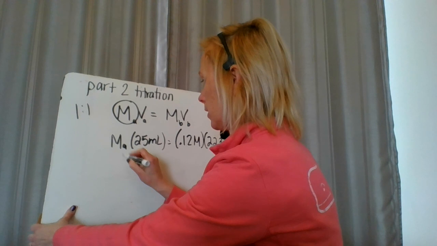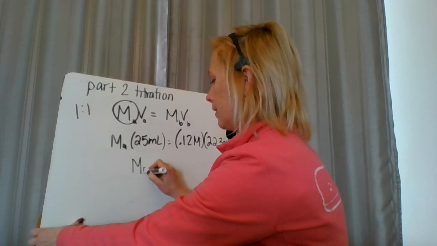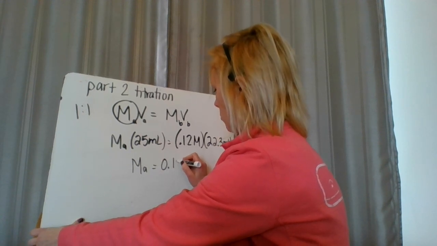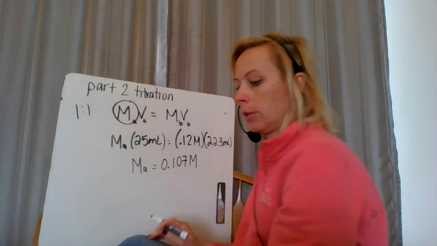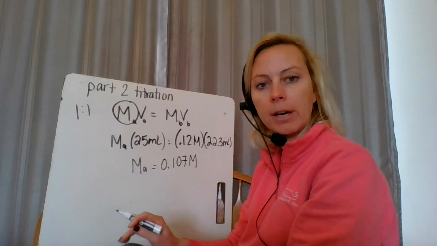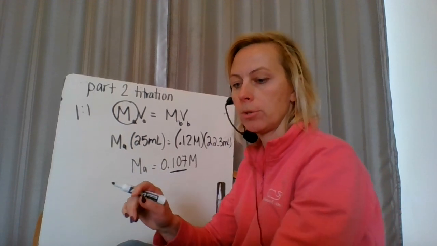So when I multiply those and divide by that, I get the concentration of my acid to be 0.107 molarity. If you rounded it up, you would get 0.11. I would suggest using 3 decimal values for your precision.